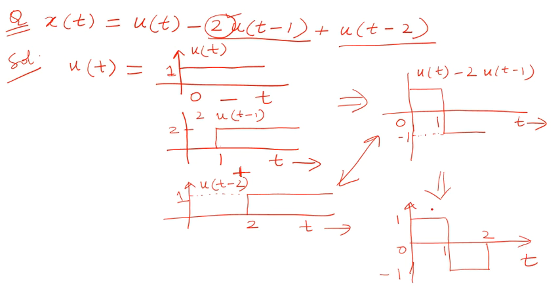So this is your resultant signal, u(t) minus 2u(t minus 1) plus u(t minus 2). Okay, so this is your resultant answer.